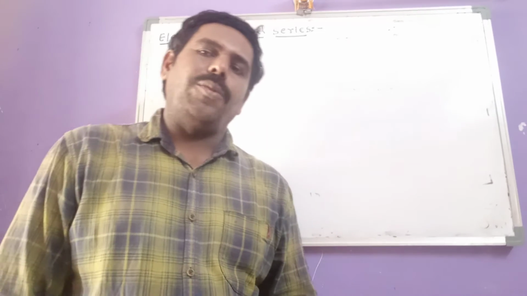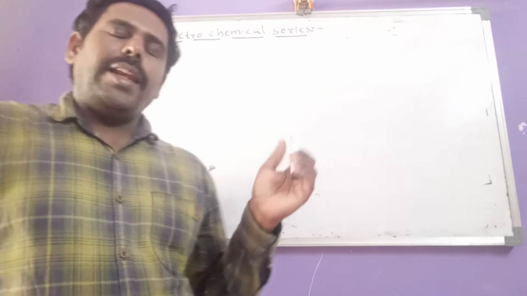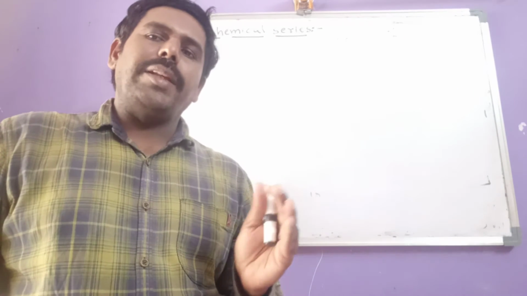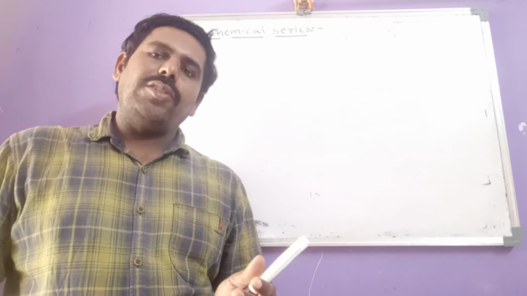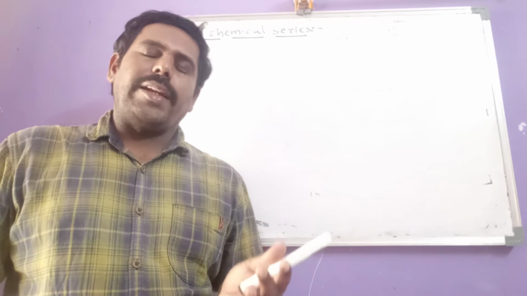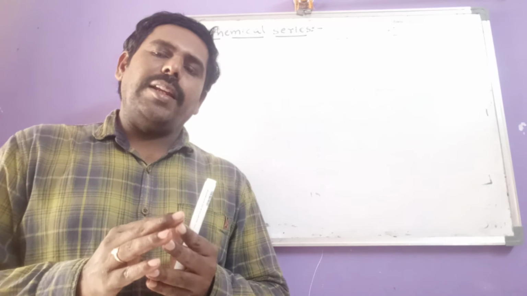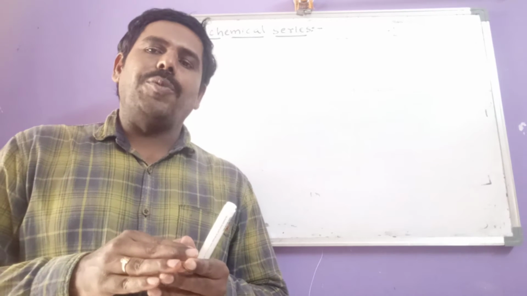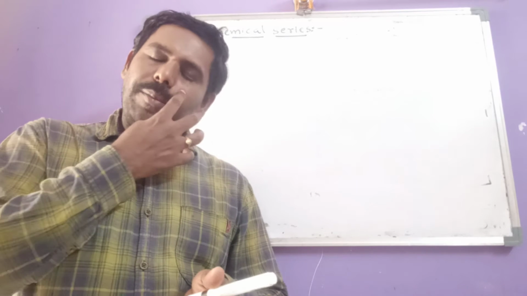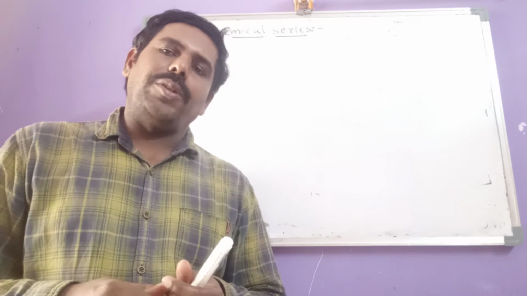Let us see now. So see here, you know that electrode potentials are measured using standard hydrogen electrode or secondary calomel electrode. Some of the electrodes have negative electrode potential and some of the electrodes have positive electrode potential.